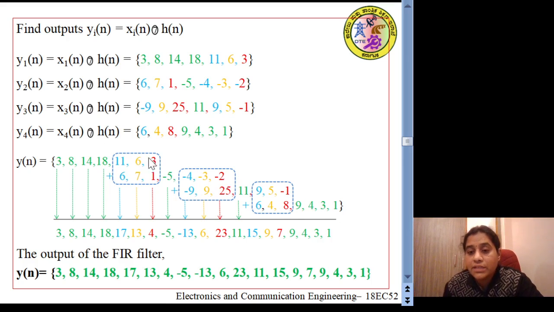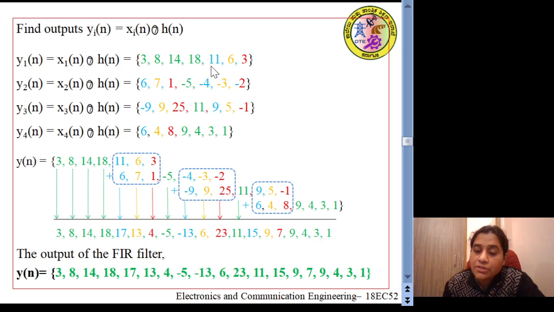Then what we need to do is add the overlapped samples. The samples which are not coinciding can be kept as they are. You can observe in the output blocks, the samples highlighted in green color we keep as they are.